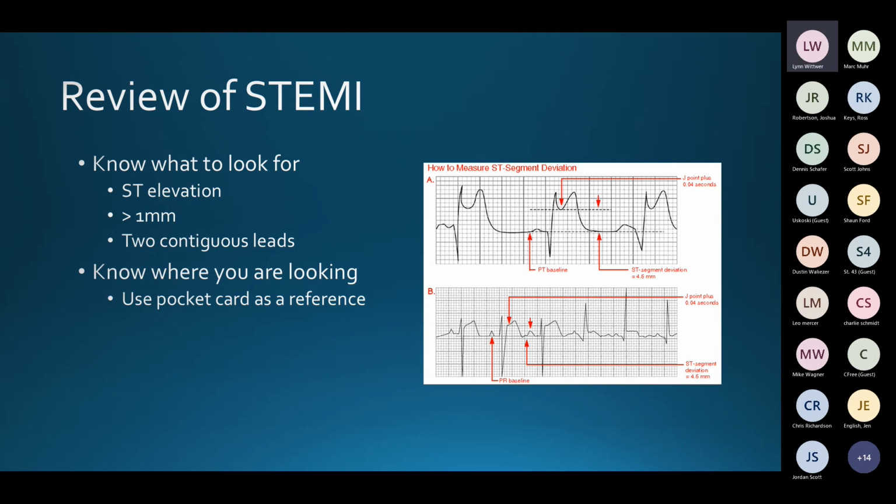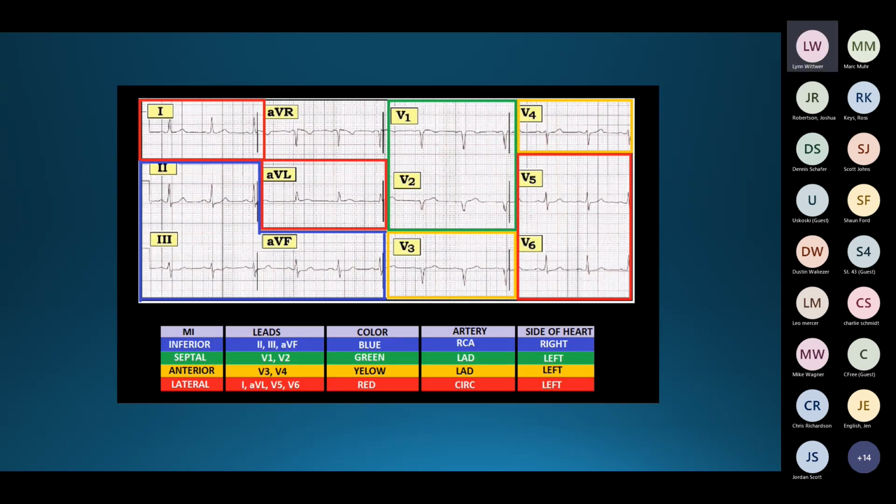Now, know where you're looking. So this is the pocket card, which shows it off in nice colors. Inferior is II, III, and AVF. That's together.